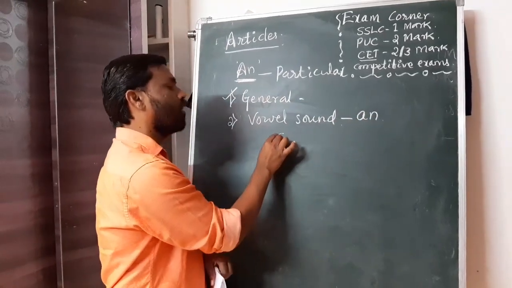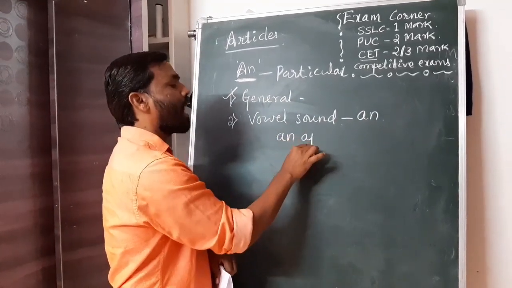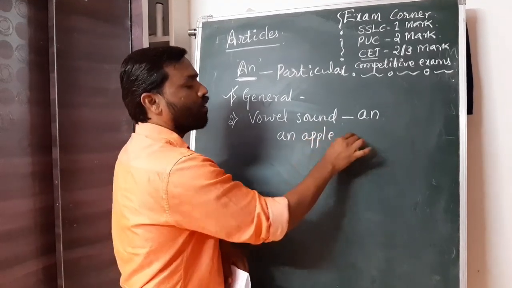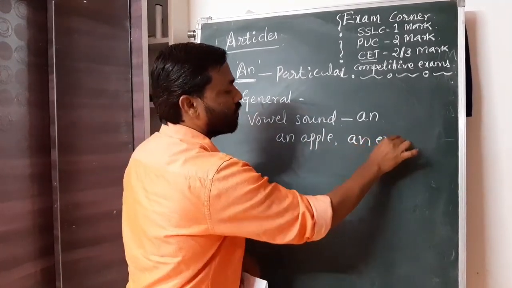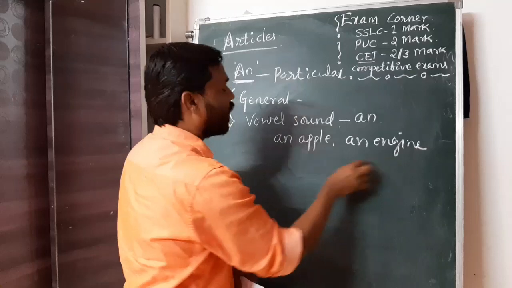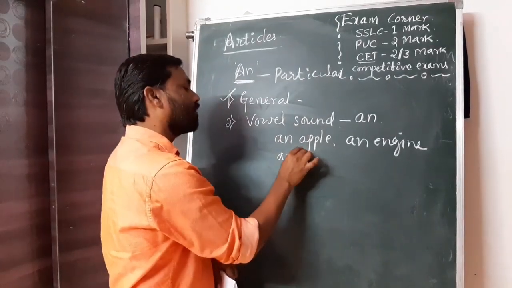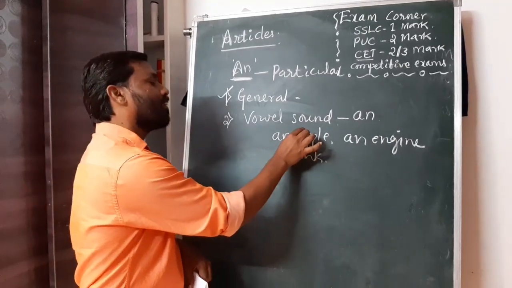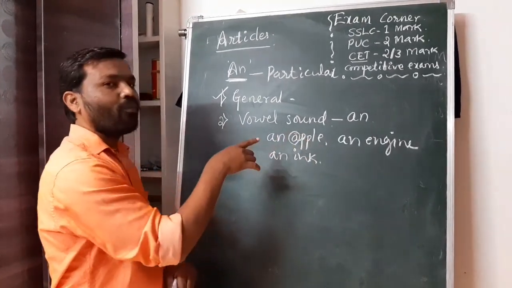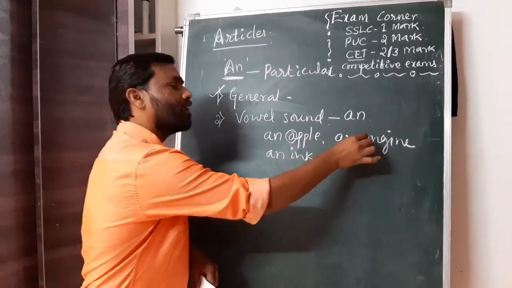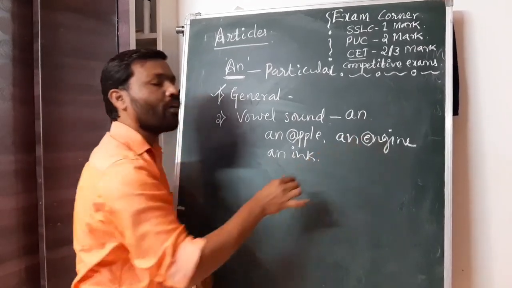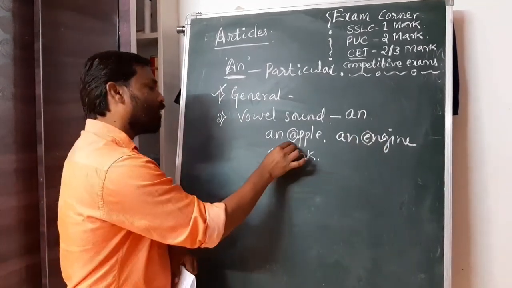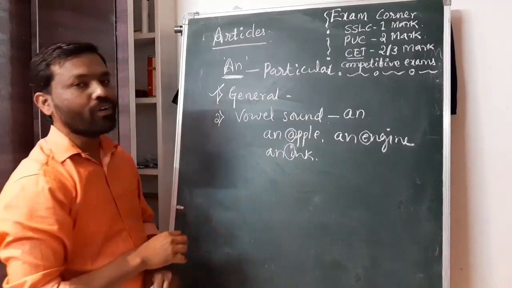For example, we can say an apple, an engine. Take another example, an ink. Here it's very clear that the word starts with a vowel sound A, here E, and here I.